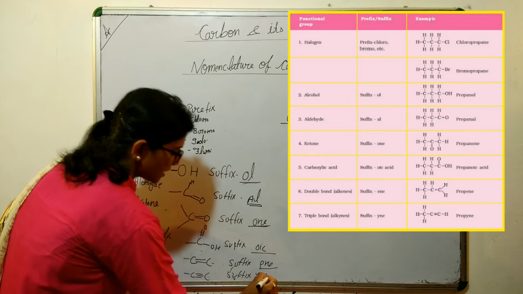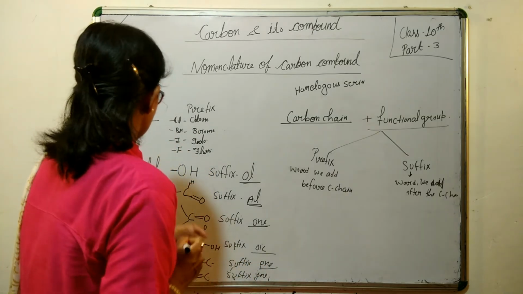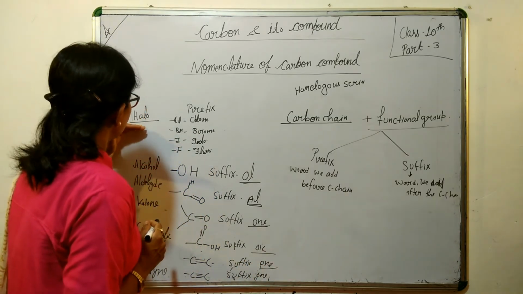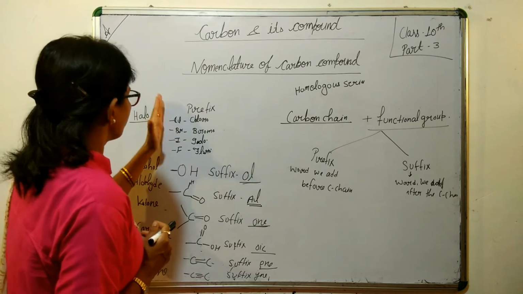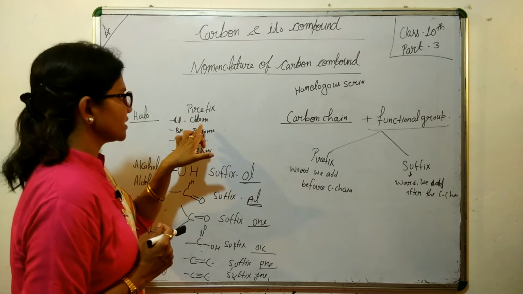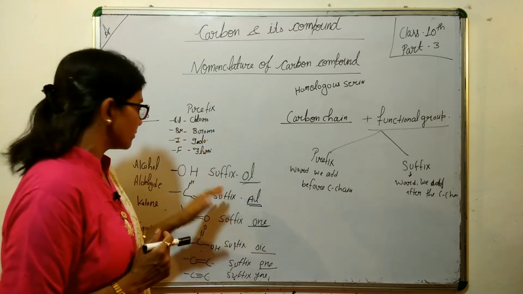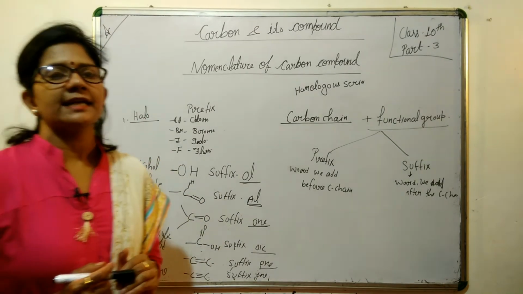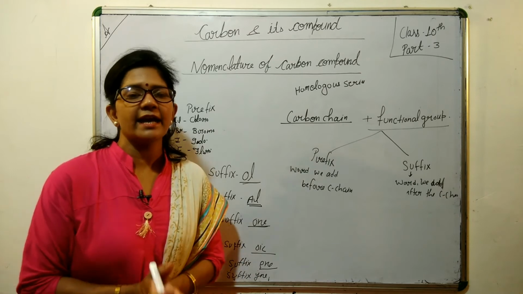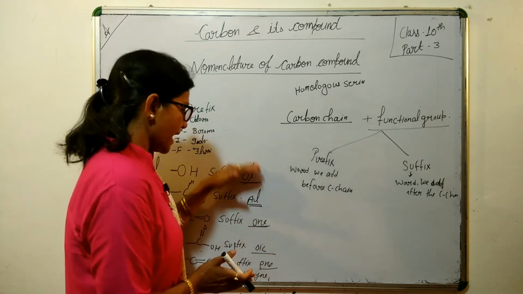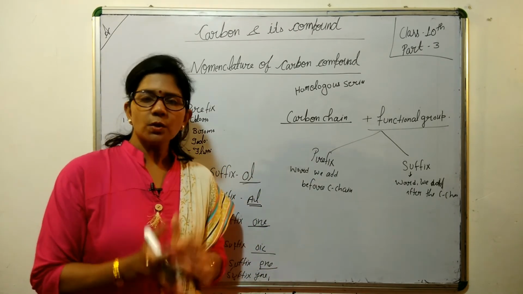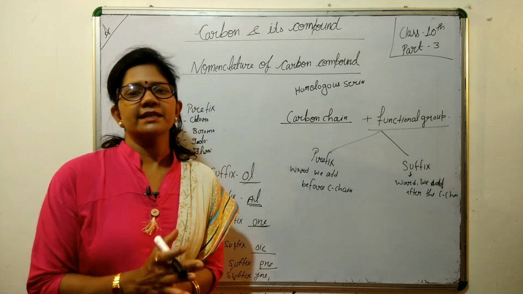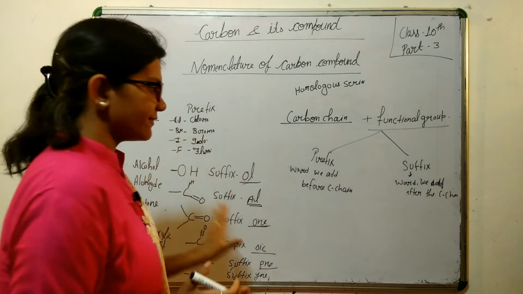So what you have seen is that for halo, we use the prefix, which can be chloro, bromo, iodo, fluoro. But for alcohol, aldehyde, ketone, carboxylic acid, alkene, alkyne, we add the suffix as follows. At your level, the standard of class 10th, this is sufficient.